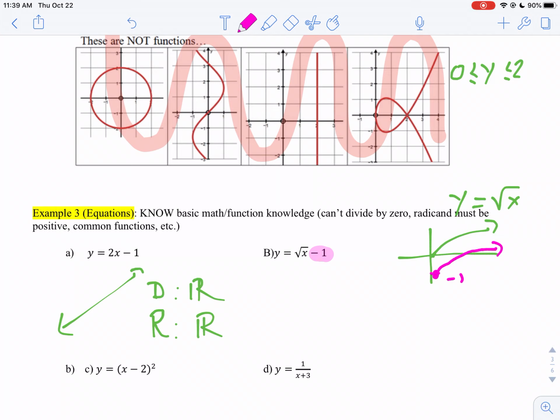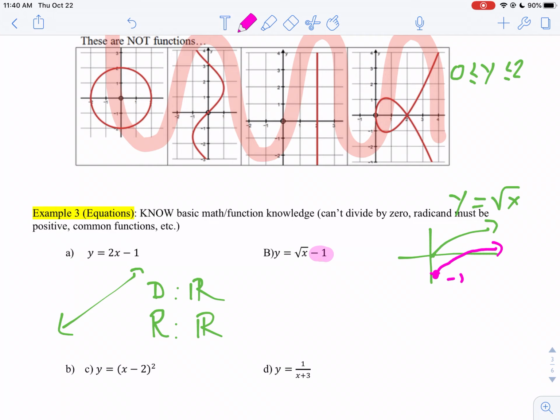If you know that, then you will also know that there's really nothing different, except that your domain would still be the same, but your range would change because now it starts at -1 and not at 0. First of all, you should know that you cannot divide by 0, or if you have a square root, that radicand has to be 0 or bigger.